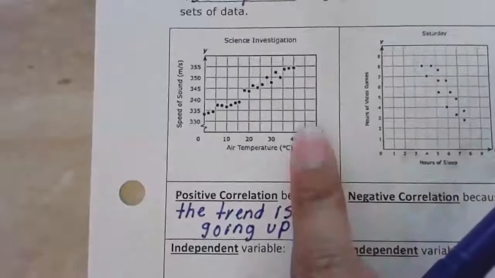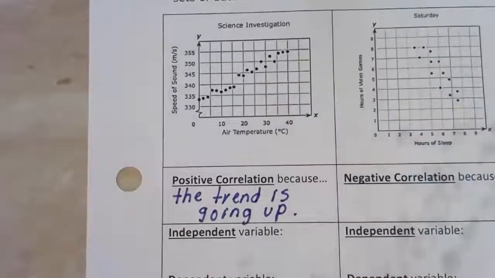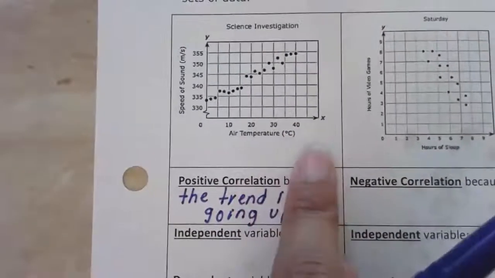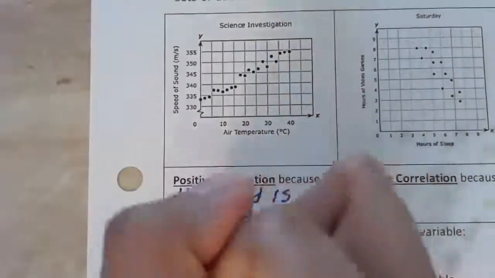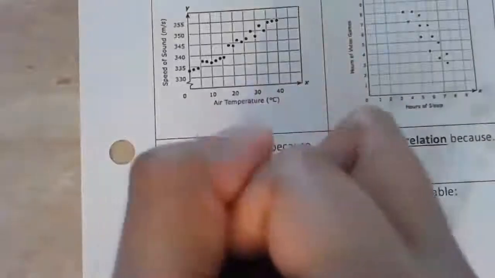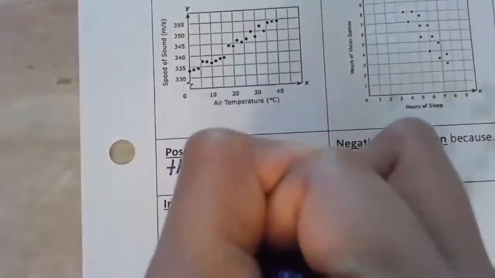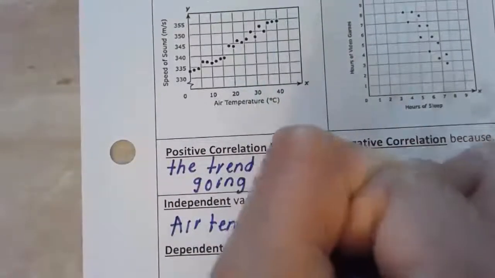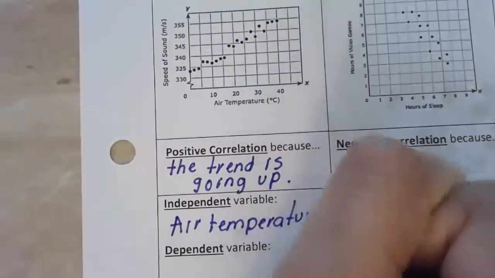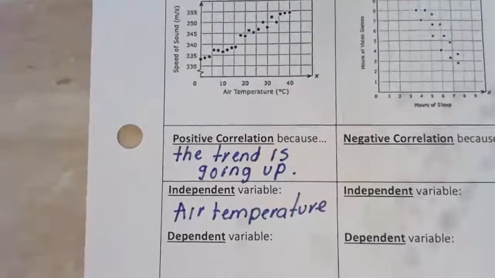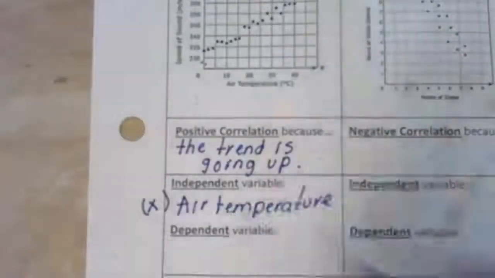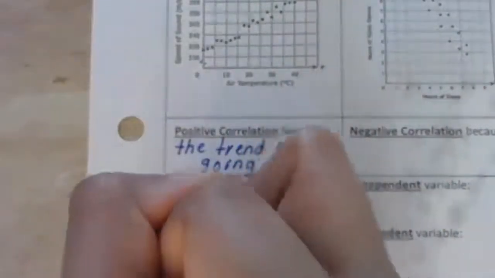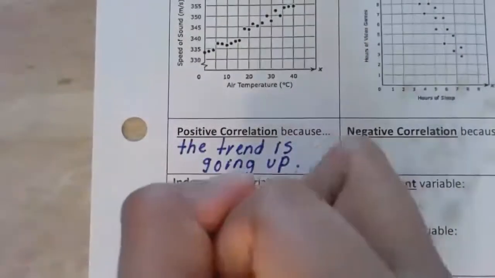In this specific graph, the independent variable is the air temperature, the X values. And your dependent variable, which is your Y values, is represented by the speed of sound.